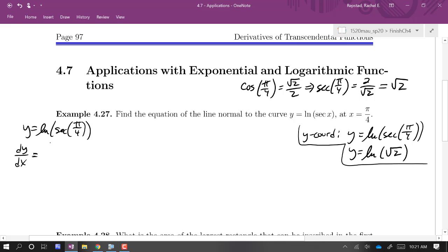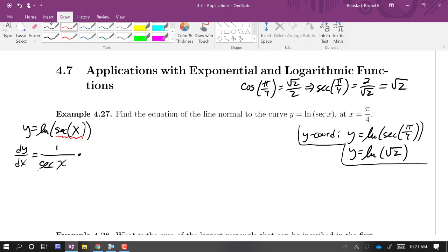When I start taking the derivative, it's 1 over the stuff, so 1 over secant x, times, by the chain rule, the derivative of secant x.